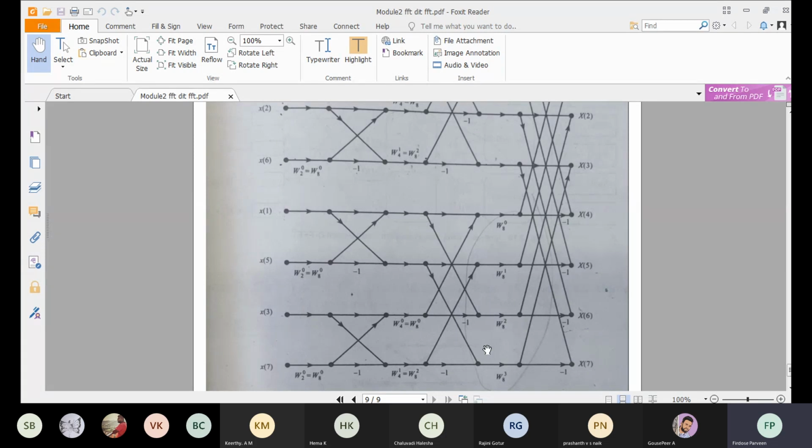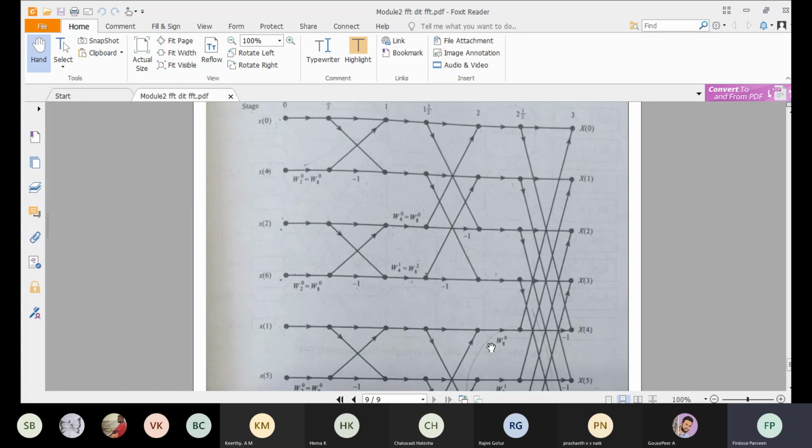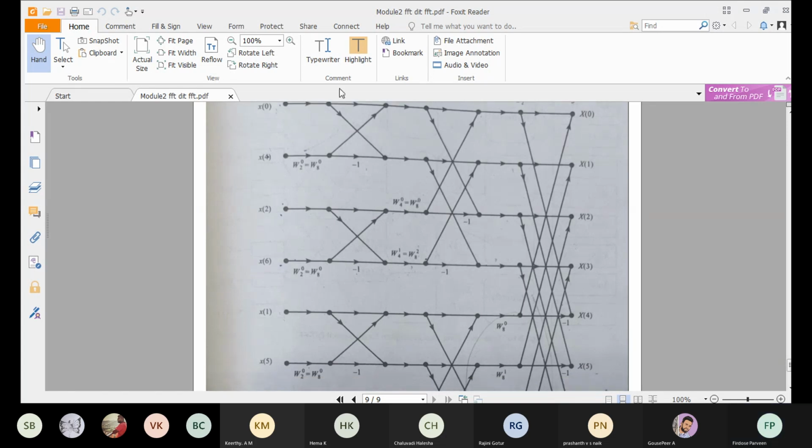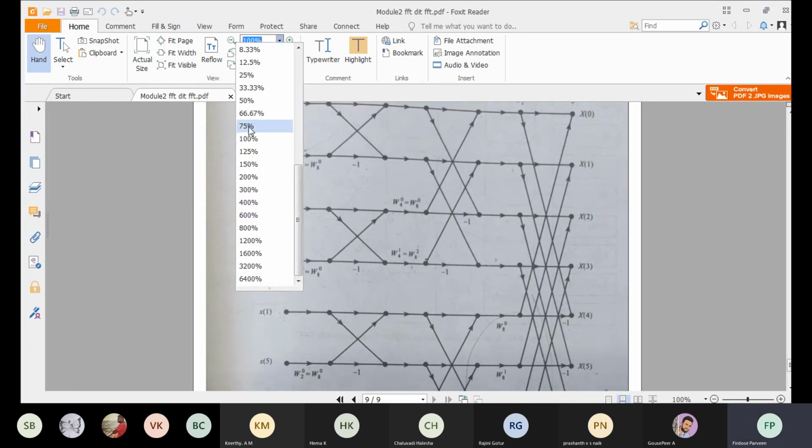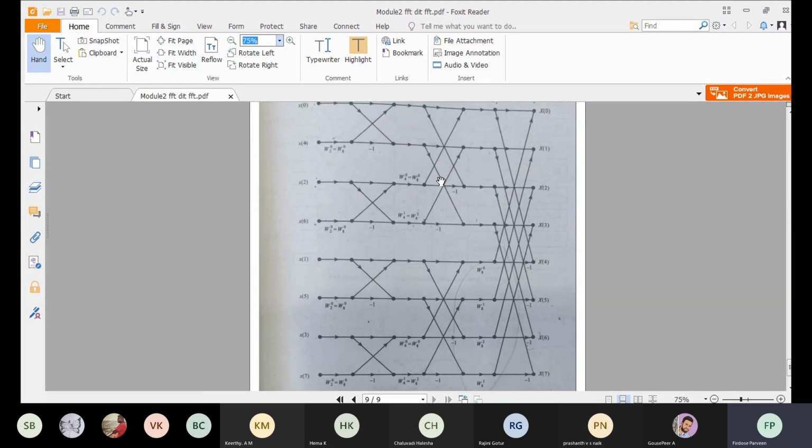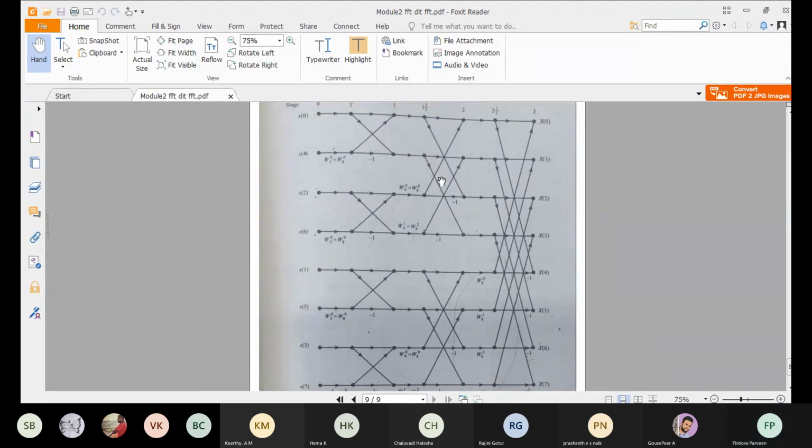Okay. 4 point. Next, coming to 8 point. Since it is 8 point, you will be using all the 8 lines. So 1, 2, 3, 4, 5, 6, 7, 8 like this.